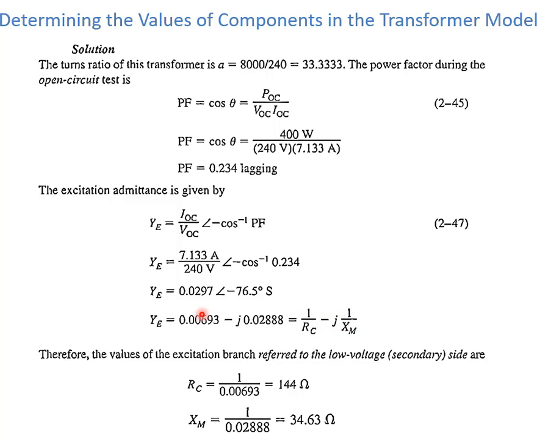Now equating the real part and equating the imaginary part, you will get the RC and XM. I hope you have understood, because these are straightforward simple calculations, so there is nothing difficult in them.